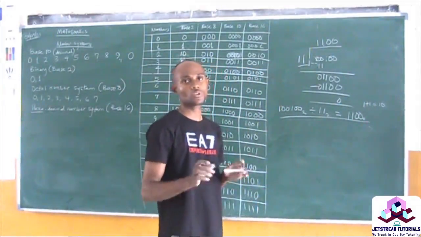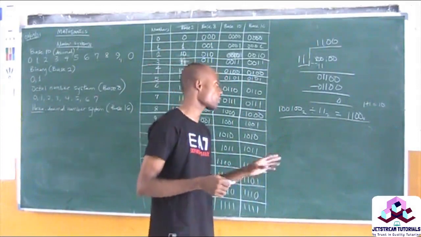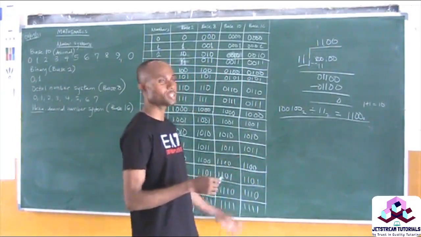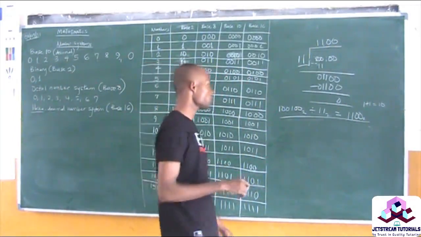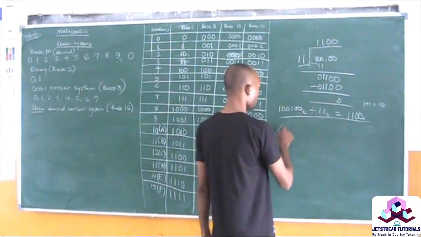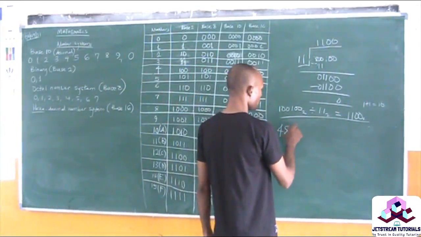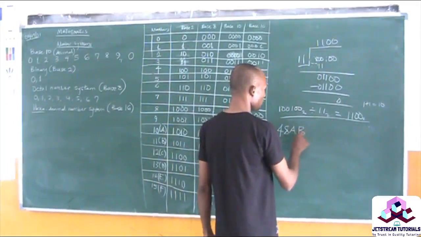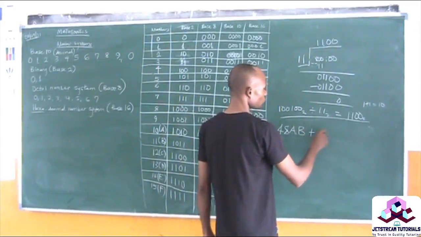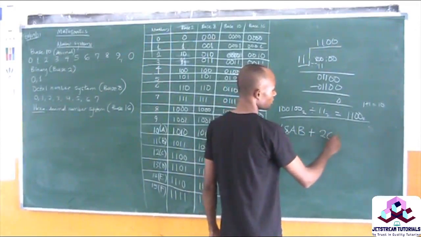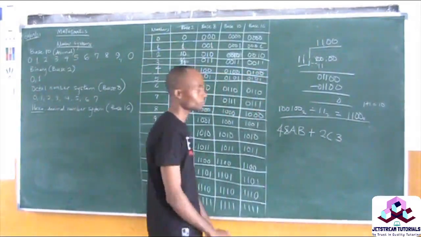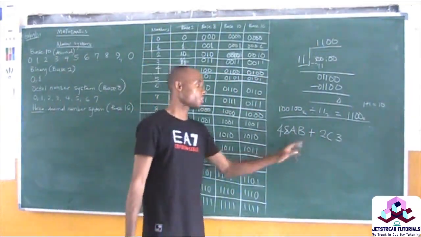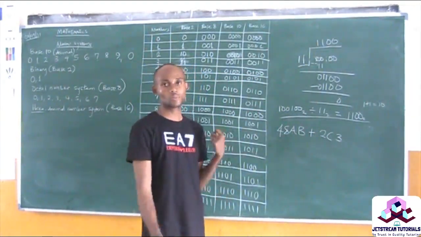Now the last thing we are going to discuss before we complete is in hexadecimal numbers. Supposing we have numbers in this form: 48AB plus 3C2. When we see A, B, C, it tells you that this is a hexadecimal number.